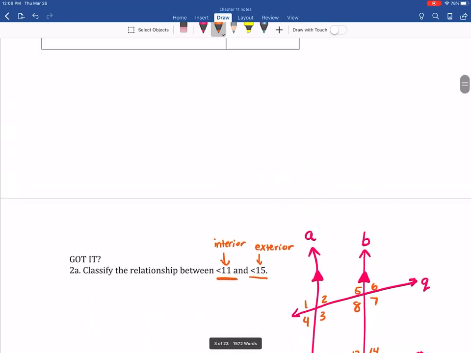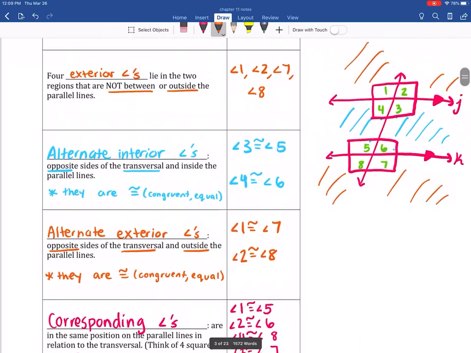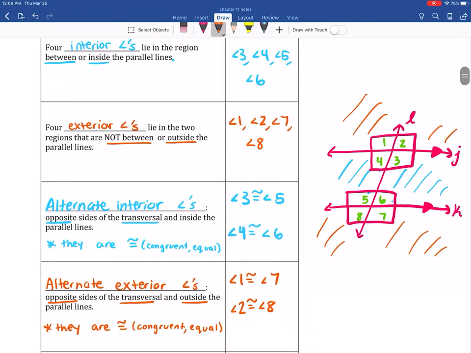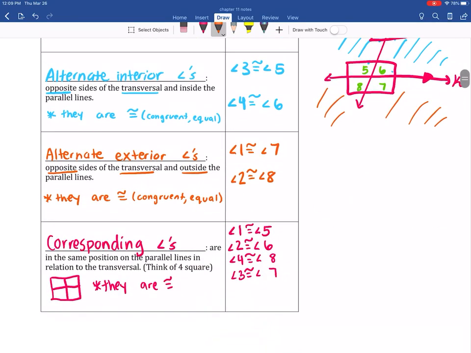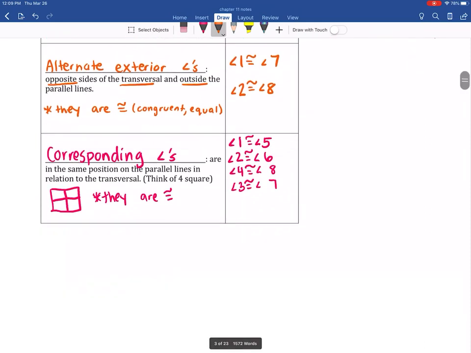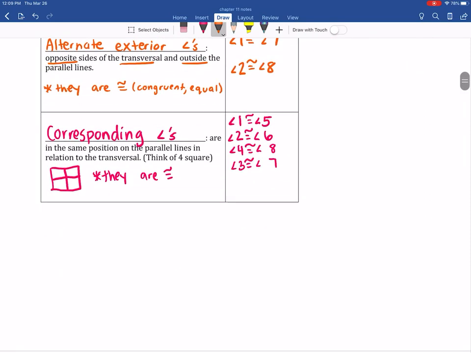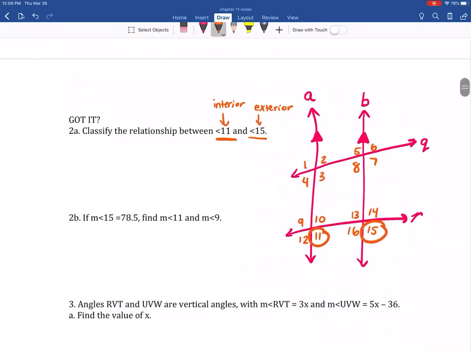So if you need to, you can look back at your pairs as you're getting used to them. So I classified them as interior, exterior. They can't be alternate interior angles because they're not both interior. They can't be alternate exterior angles because they're not both exterior. So my only option would be corresponding.